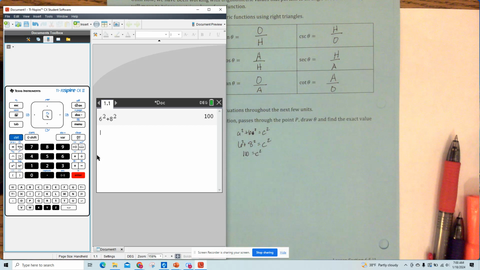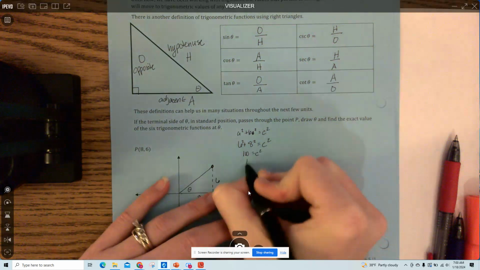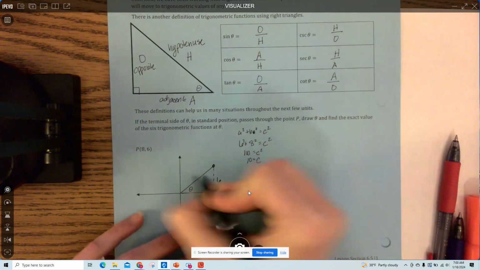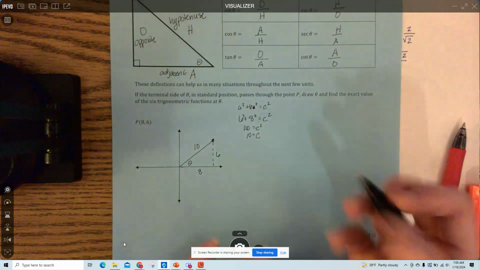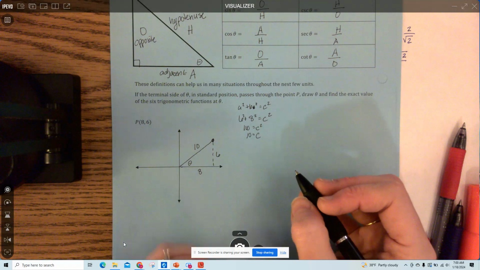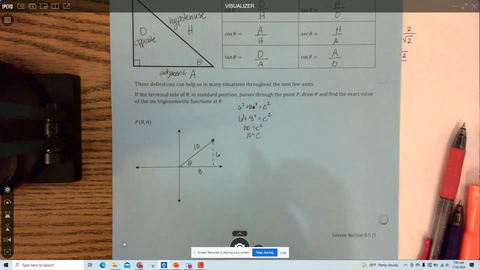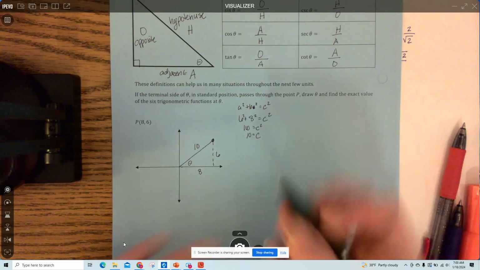So I can square root that 100 to find the value of c, which means c equals 10. That's this side here. We don't know what this angle measure is, but we can find the trig ratios.